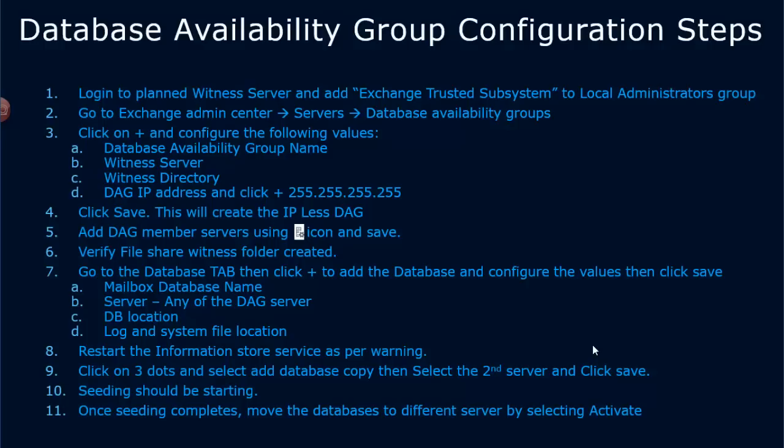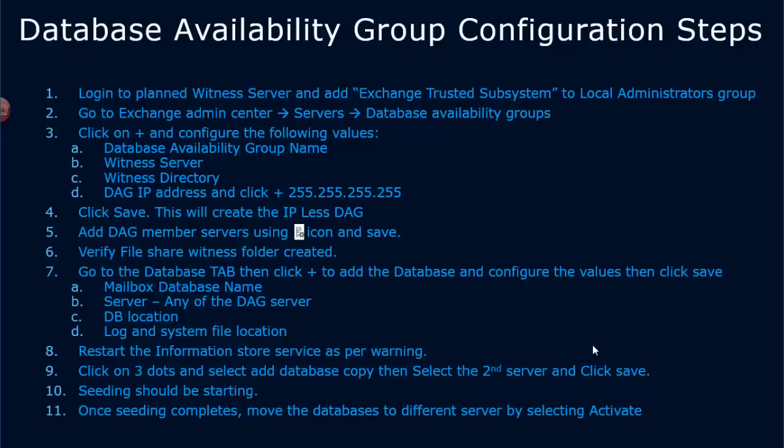Then go to Exchange Admin Center, Servers, Database Availability Group. Click on the plus sign there and configure the following values: database availability group name, witness server, witness directory name. You can leave the witness server name and the witness directory blank as well. So what will happen if you leave them blank?